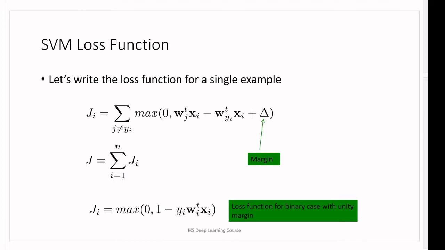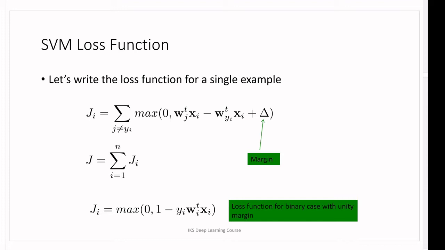So to take care of the margin, one can write a loss function as shown here. So the loss function for an ith example will be given as J sub i, and this loss function is a summation as shown in this expression.